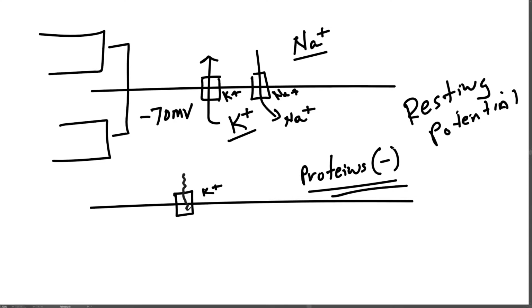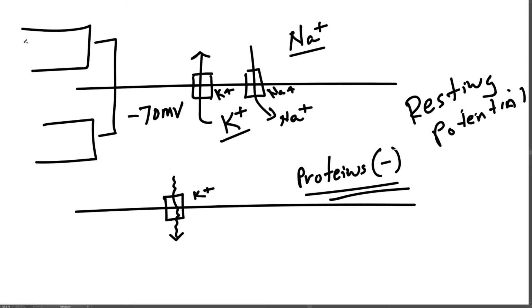So some potassium leaks out through the channel and allows some potassium to flow down its concentration gradient. But the proteins, which are negatively charged, also attract the potassium ions. So the negative charge of the proteins attracts the positive charge of the potassium and holds some of the potassium inside the cell.